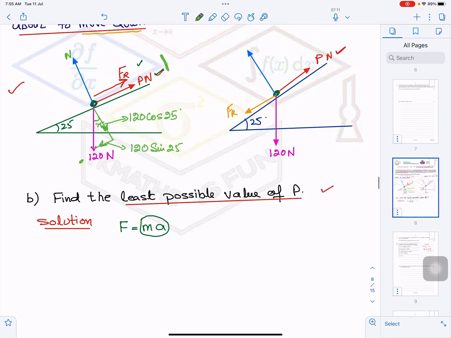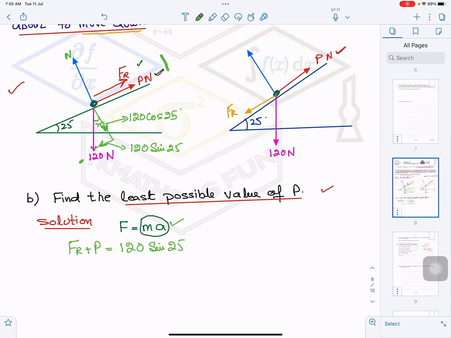So I can say Fr plus P is equal to 120 sin 25, right? And I will tell you why I wrote it. Just give me a minute. First of all, I'm saying that forces are balancing each other.